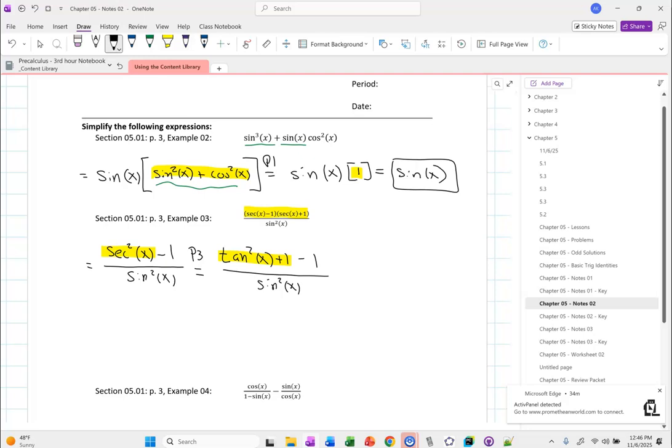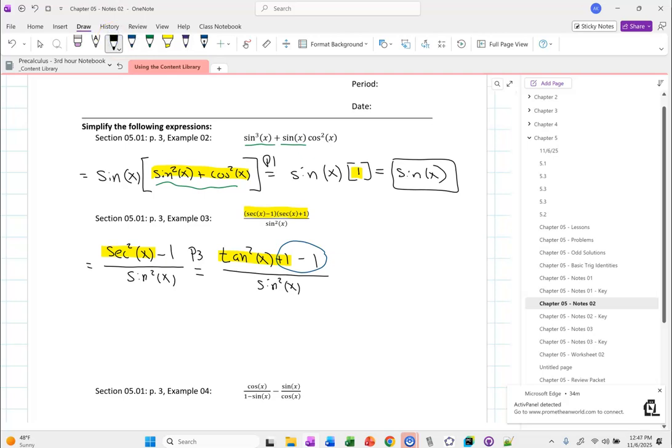All right. What should we do next? I see a good algebra thing to do. Subtracting. Yeah, we can combine some like terms in the numerator, right?